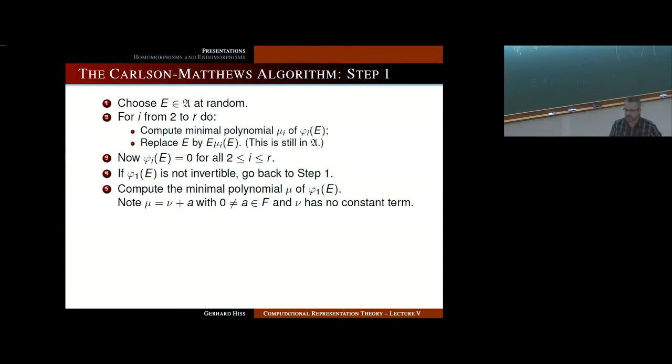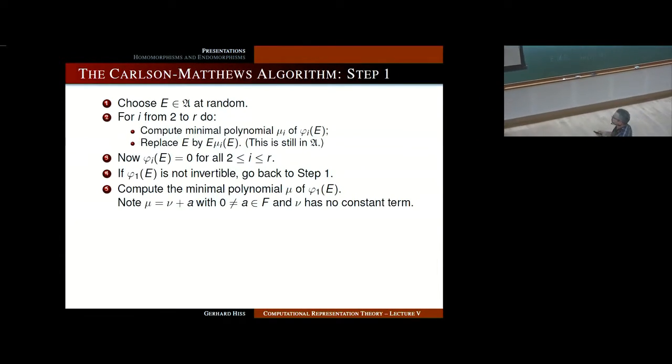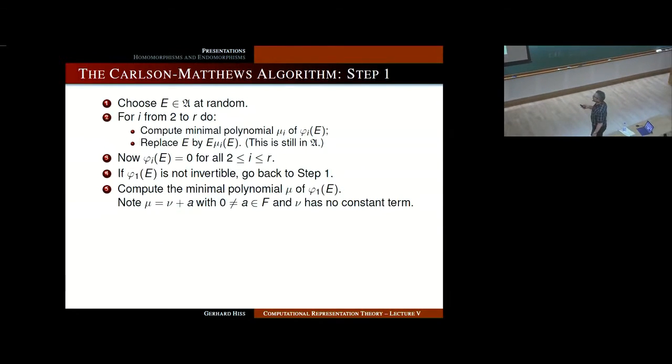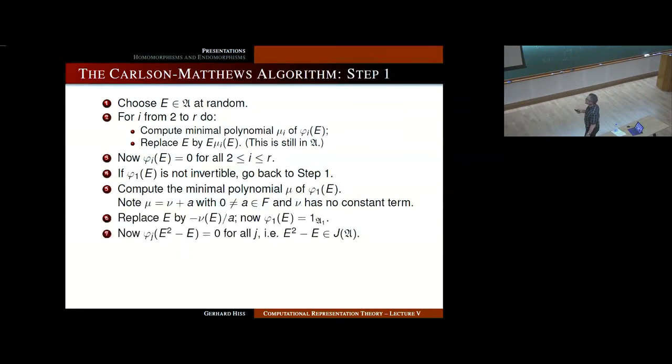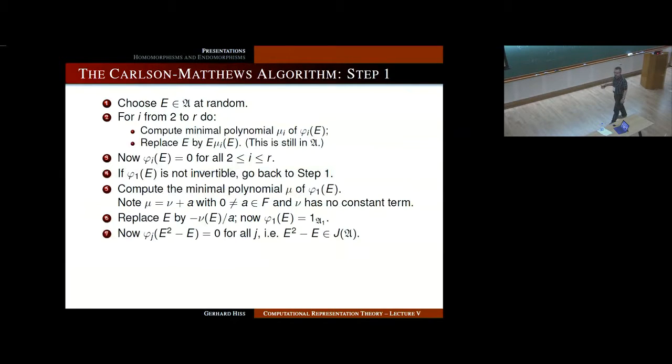So if you divide minus nu of e by a, you will get something which acts as the identity. So you have produced an element which acts as the identity on the first simple module and as 0 on all of the others.